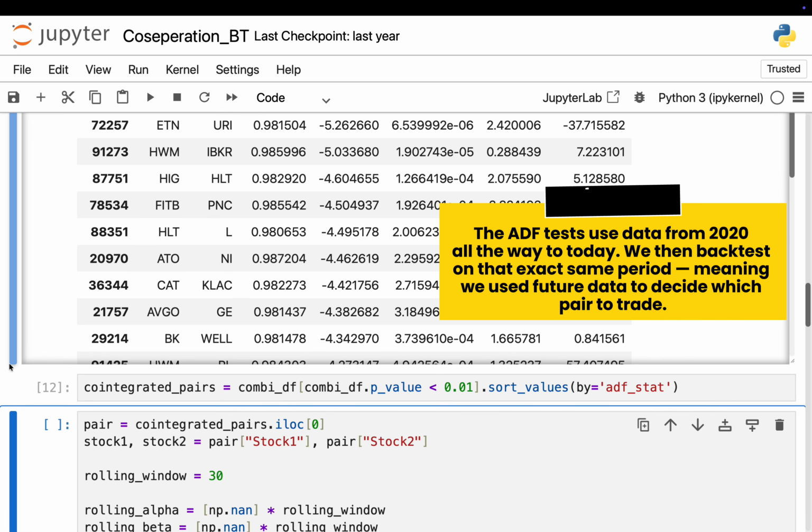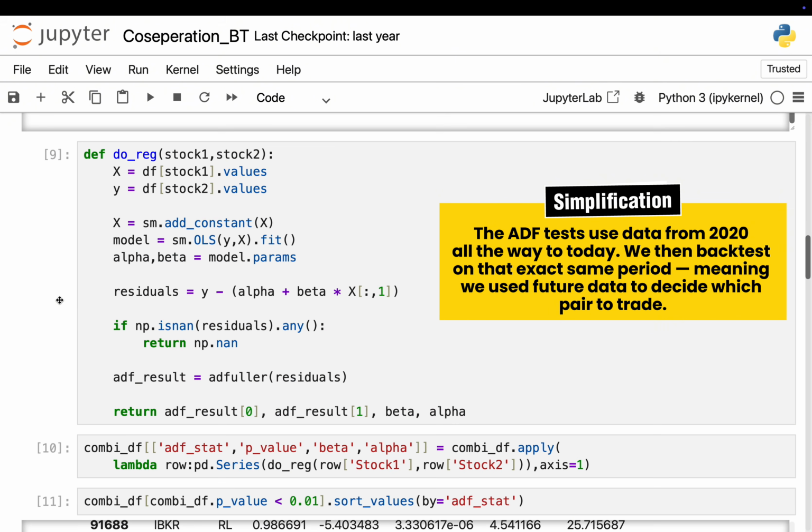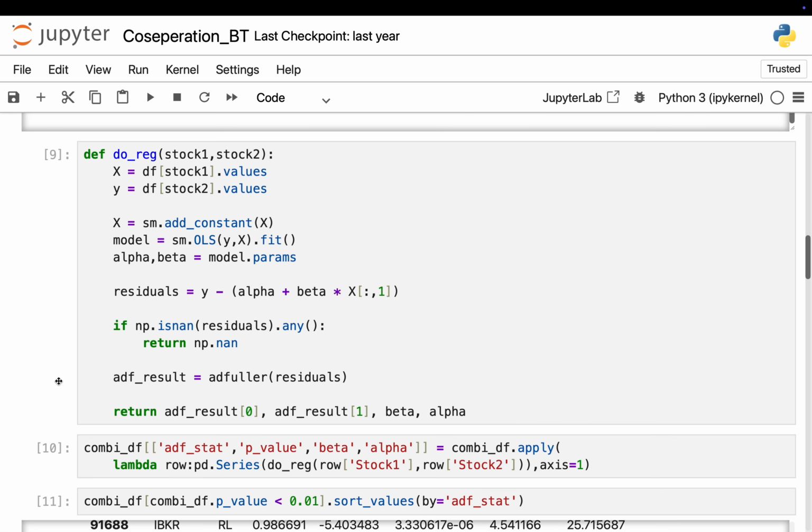Simplification, look-ahead bias in pair selection. This is the most important limitation in the notebook. The ADF test uses data from 2020 all the way to today. We then backtest on that same period, meaning we used future data to decide which pair to trade.